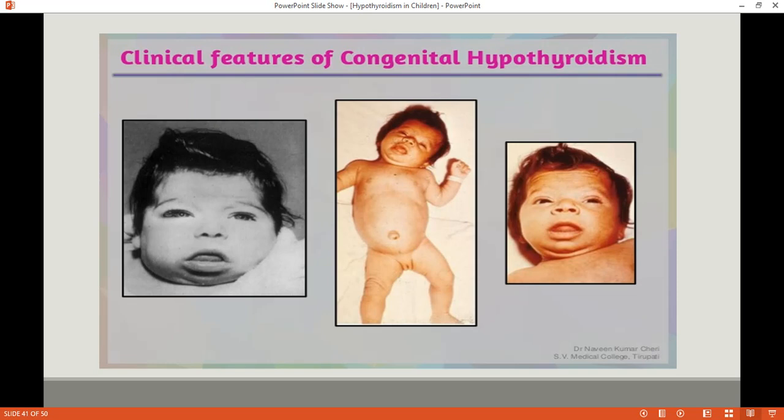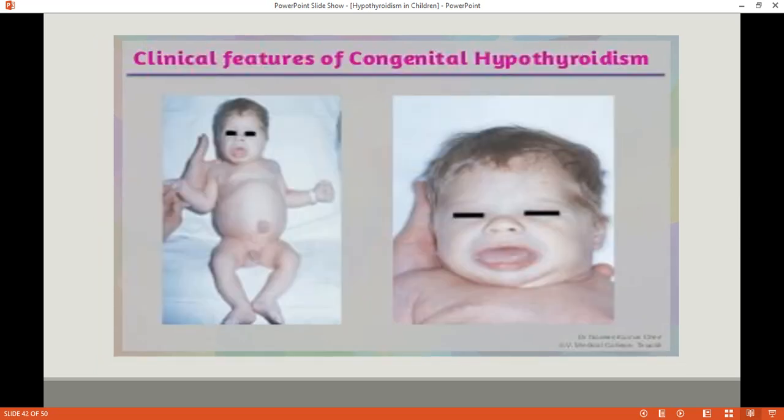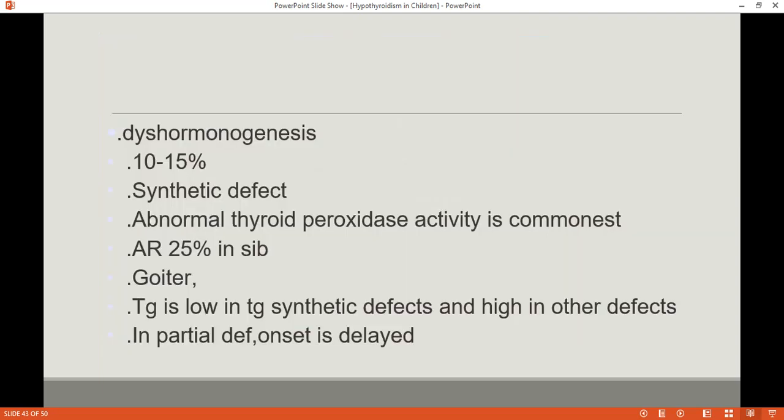These are the clinical features of hypothyroidism. Dyshormonogenesis is 10 to 15%, and synthetic defect is 10 to 15%.